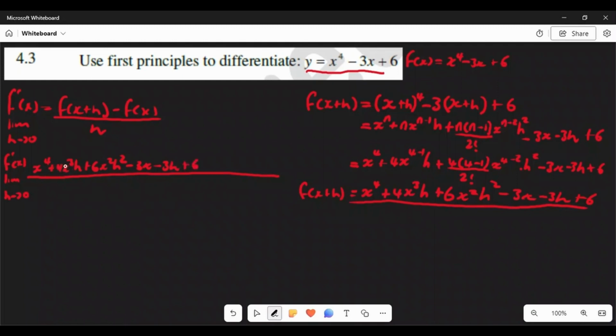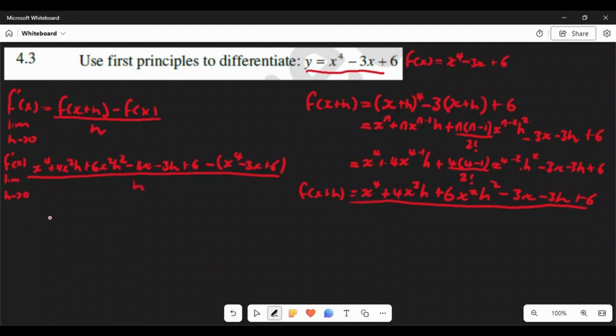So this is f of x plus h. Now it's time for us to substitute with f of x. Don't forget this is minus, so when you substitute f of x, put it in the bracket because this negative is affecting f of x. So whatever that is f of x must be inside the bracket. So it's going to be x to the power of 4 minus 3x plus 6. There we go. And all this is divided by h.